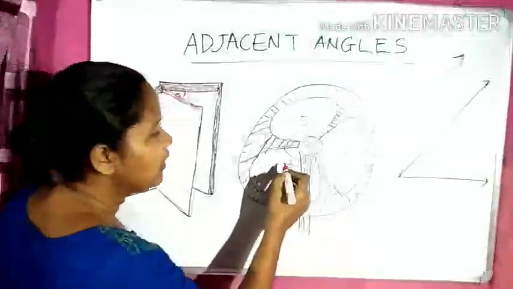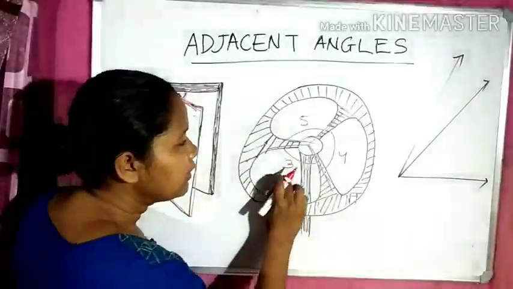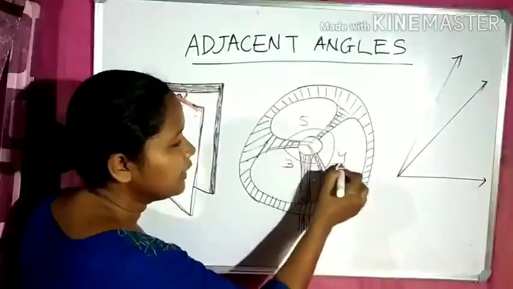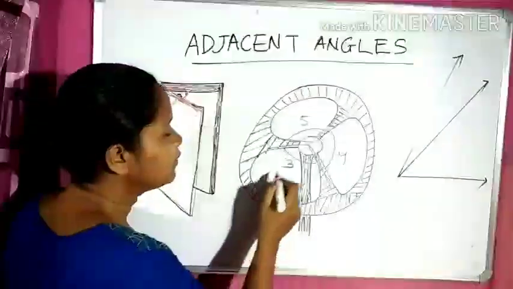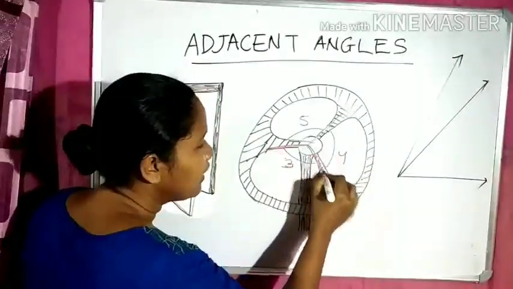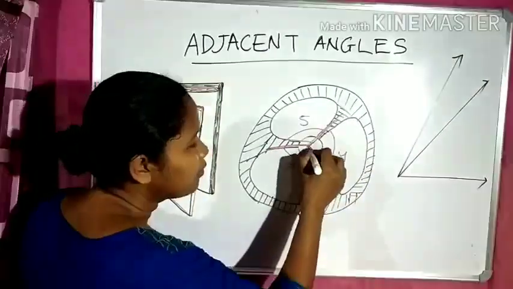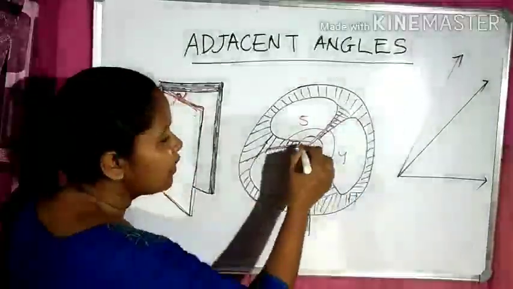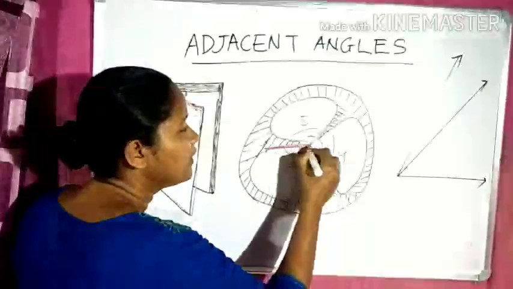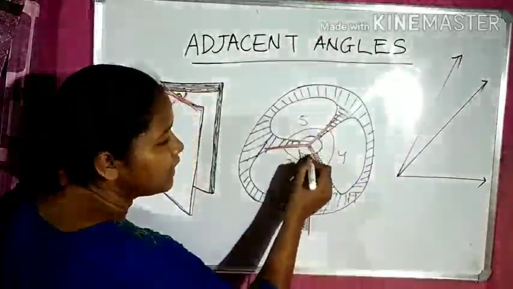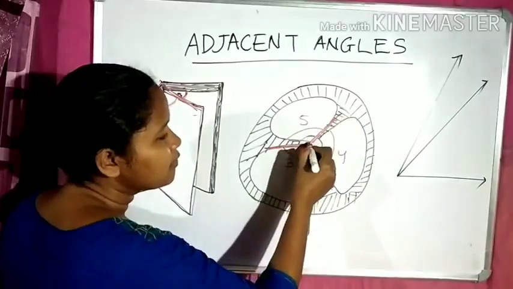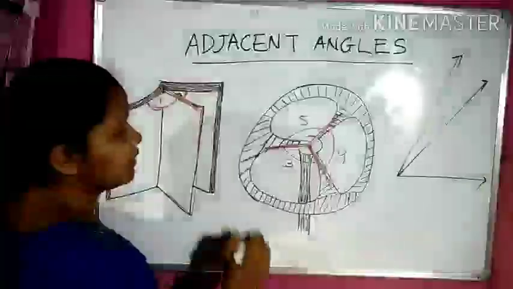First we'll compare two nearby angles. First, 3 and 4. Look here, they are side by side. These two angles have a common arm, a common vertex, and the two uncommon arms are on the sides.